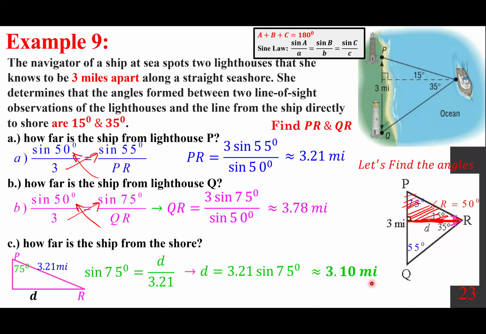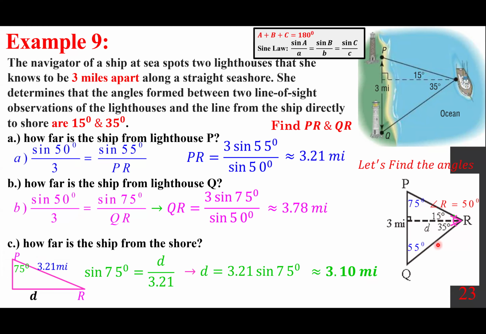So a quick recap. We redraw this because this is 15 and 35, they add up to 50. Because this is 35 with this one, they add up to 90, so this is 55. Because this is 15, this must be 75.